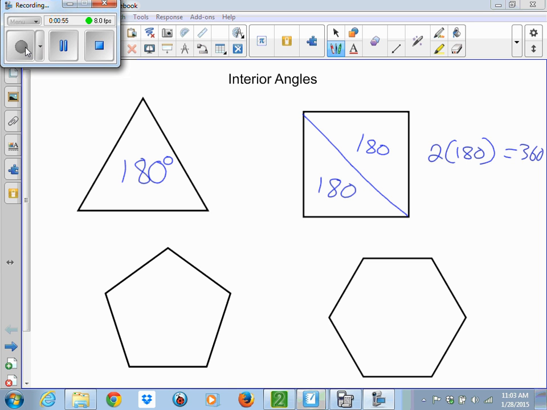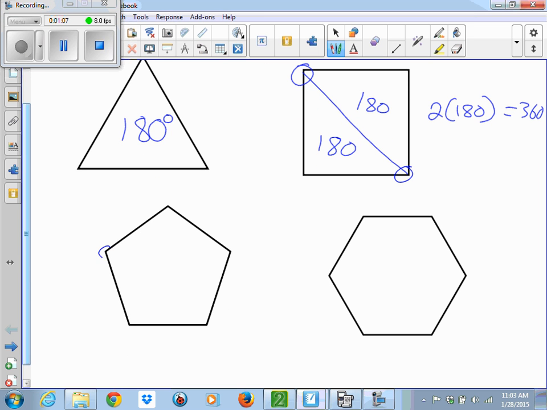Now, when you're drawing diagonals, you always want to start from one vertex and go to the other ones that are opposite it. You don't want to just draw as many diagonals as you can. So down here on this pentagon, I'm going to start with this vertex and draw a diagonal to that vertex and to that vertex. Then we can count our triangles. We have one here, this is 2, and this is 3.